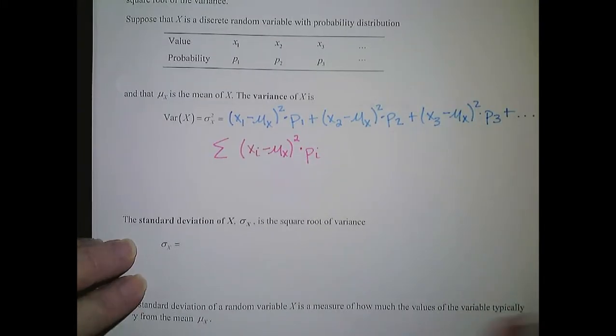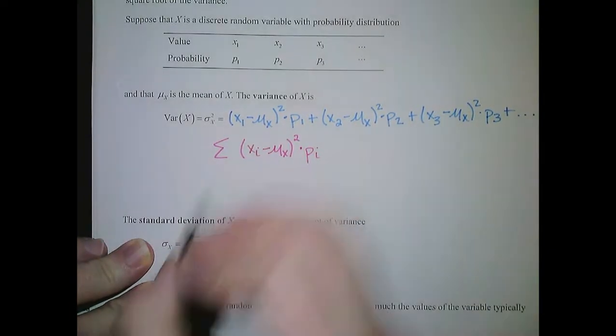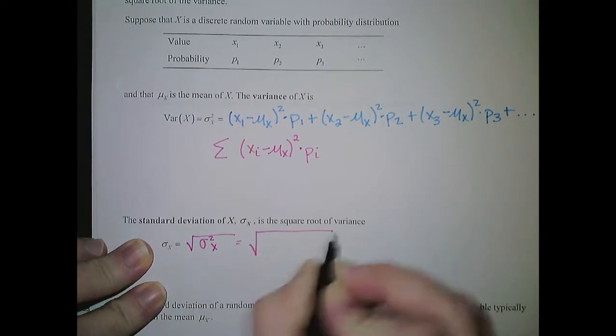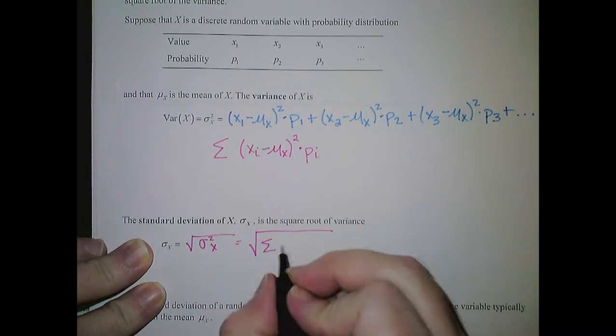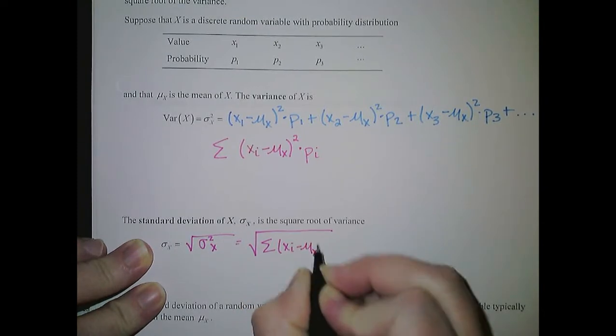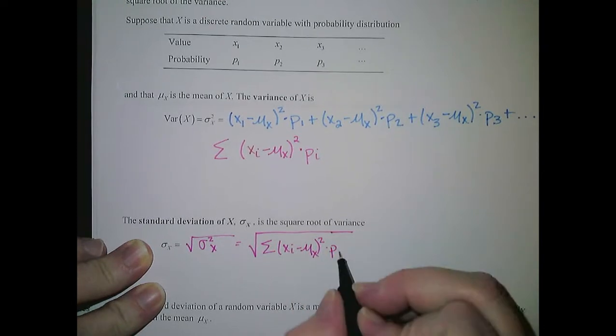So then to find the standard deviation, we take the square root of the variance. We take the square root of the sum of each of the squared deviations times the probability of that outcome.